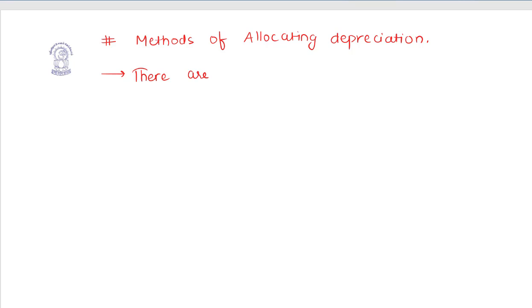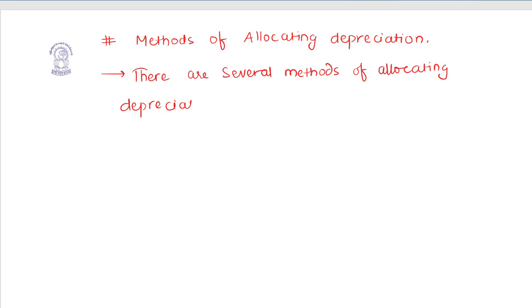Let us move ahead now. Write the next point, that is methods of allocating depreciation.